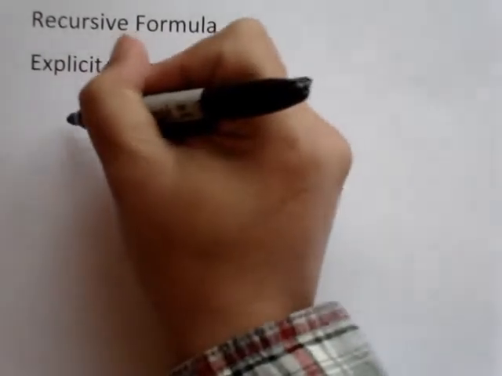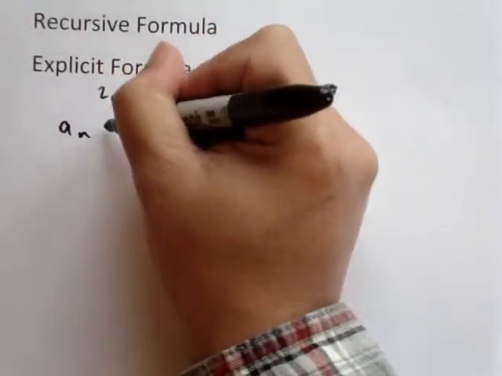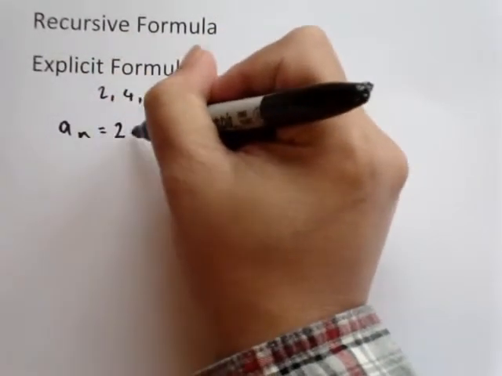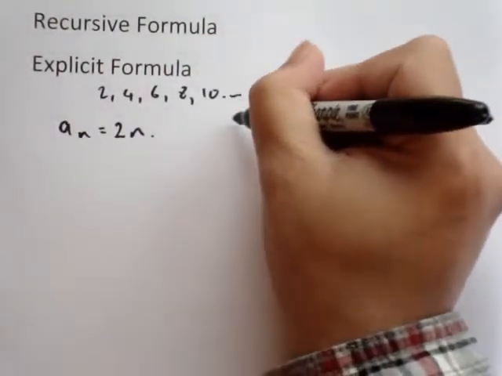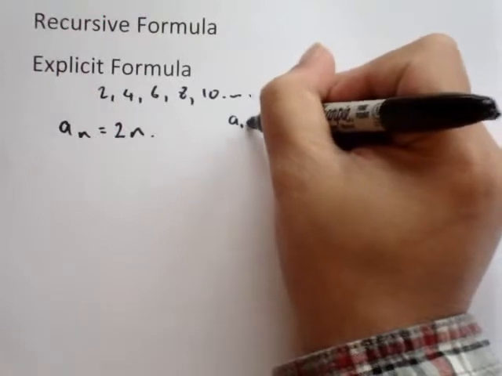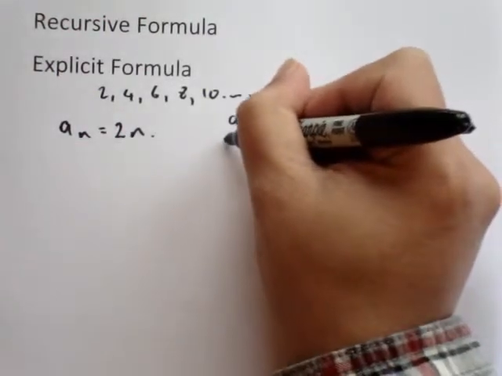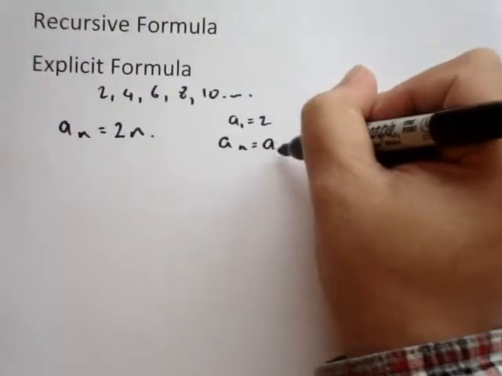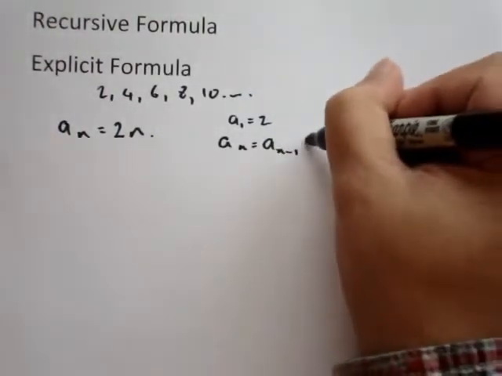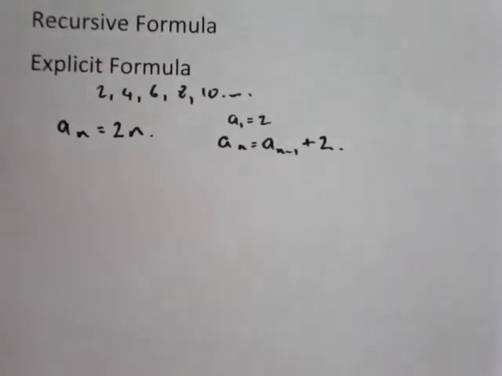The explicit formula is a n equals 2n, and the recursive formula, where a sub 1, the first term, is 2, becomes a n equals the previous term, which is a n minus 1, plus 2.